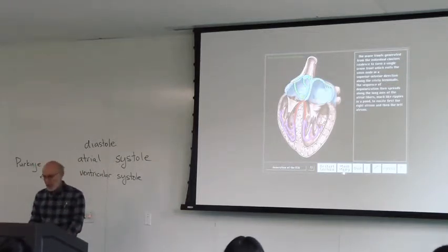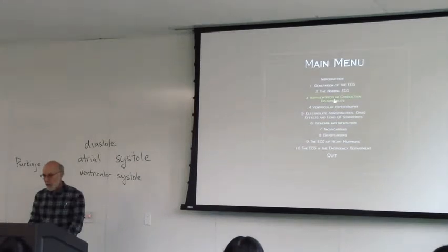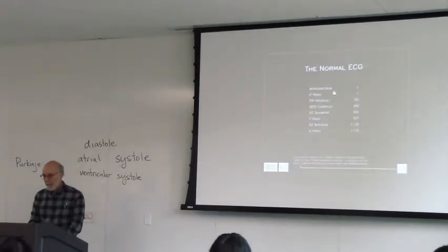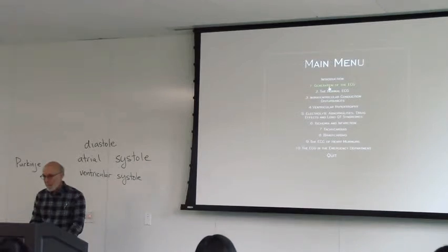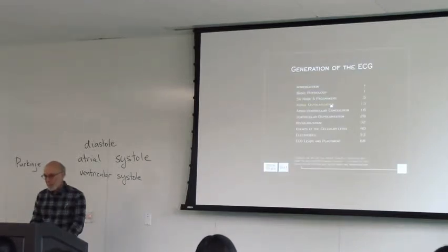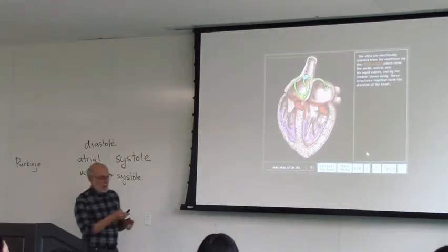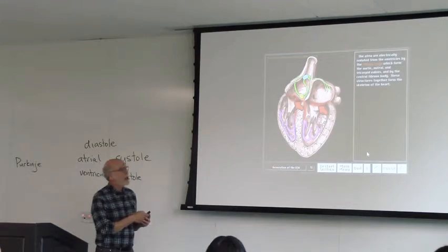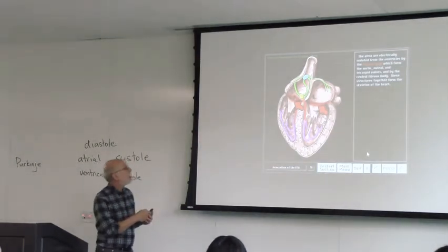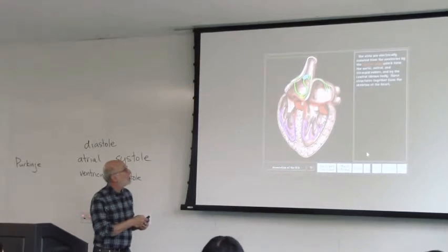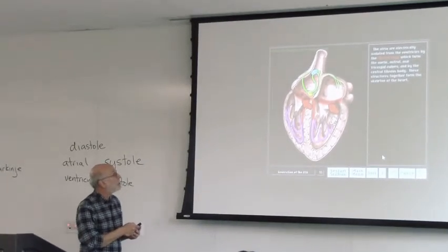Okay, so let's go back to the main menu. Okay, so after the electrical activity spreads throughout the atria, you might think it's going to spread throughout the ventricles. It's going to spread from here, through here, all through here.